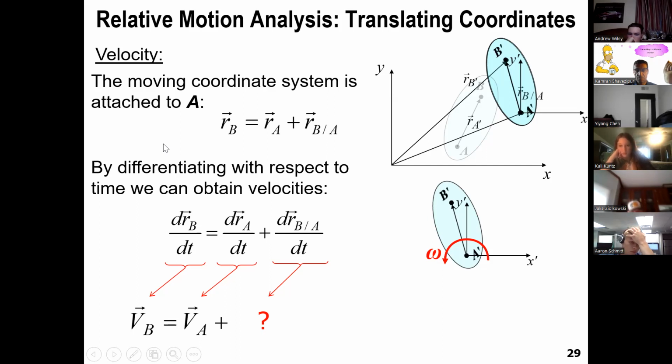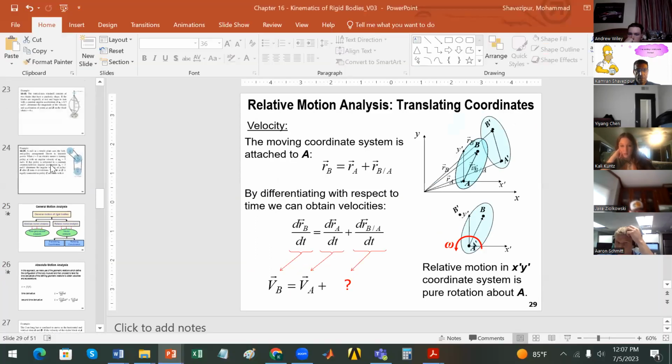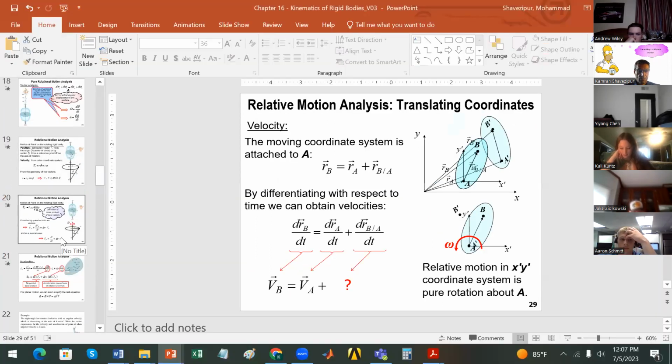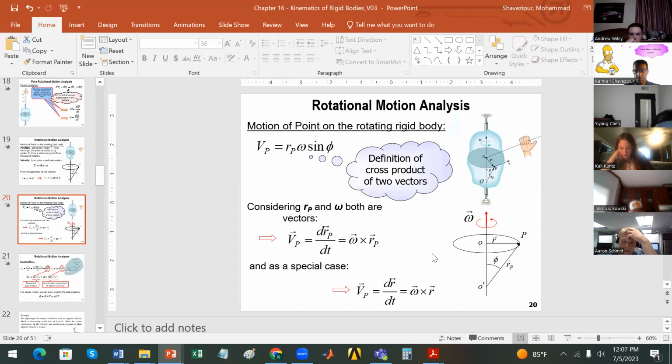Did you find the equation? You know what? I'm just going to go back and show it to you. For rotation about a fixed point, what is the equation for velocity? Omega cross product R, right?